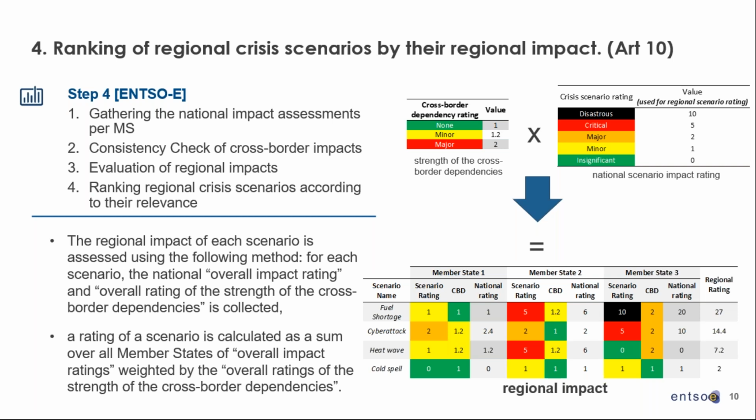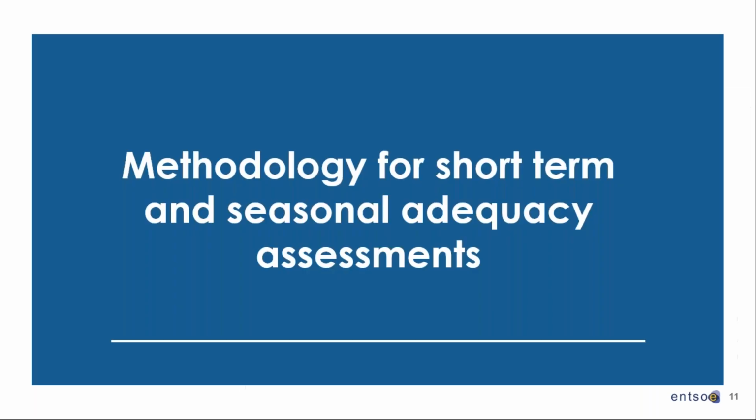And the ranking of each scenario will therefore have a regional rating that we can present, which will give an indication of the relevance of each crisis scenario. And it gives an example for 3 member states in that table and a regional rating score. So next slide, please.